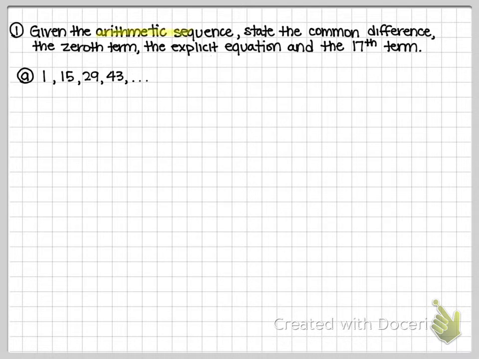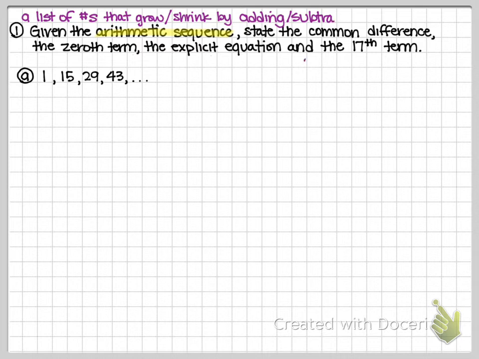An arithmetic sequence is a sequence, so it's a list of numbers that grow or shrink, one or the other, by adding or subtracting the same number.